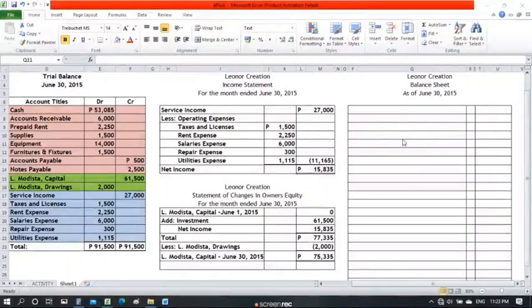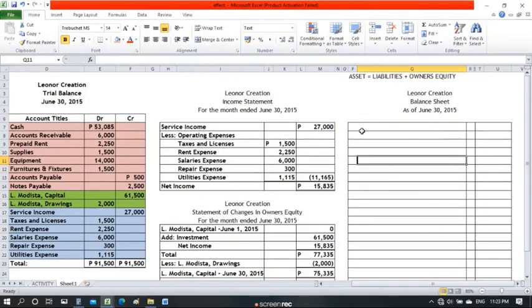First to write in the balance sheet is the asset section. In the assets, we have two categories, the current and the non-current. So let's determine first what are the current assets from your trial balance. Unang may sulat is the current assets. Your current assets are the cash, accounts receivable, prepaid rent, and supplies. And then the non-current assets are the equipment and furniture and fixtures.